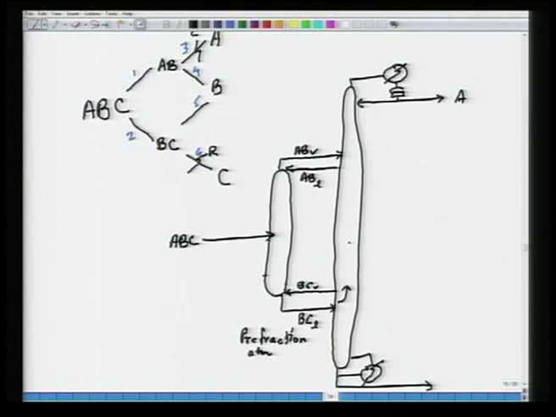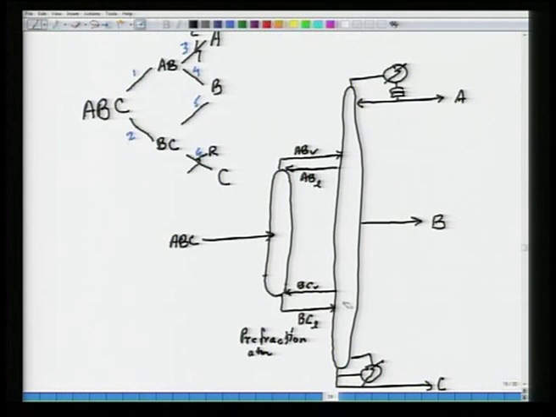So, composition will get richer and richer in B, the C will not be going up the top. So, somewhere I will be getting a side draw that is pure B, and if I go down here, BC, composition will be getting richer and richer in C. So, what I am getting out here is pure C.